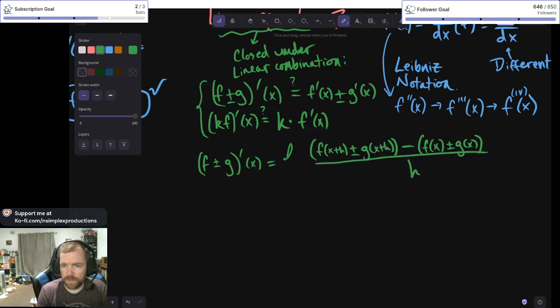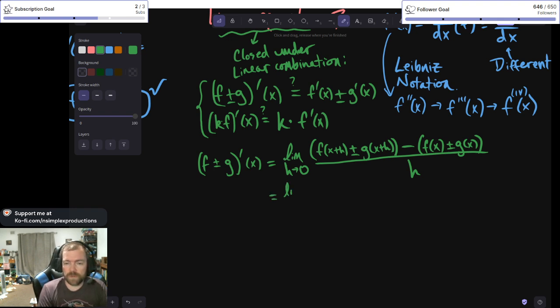So we're going to take the limit as h goes to 0 of that whole thing. If this holds, then we can add and subtract our derivatives and have no problem.